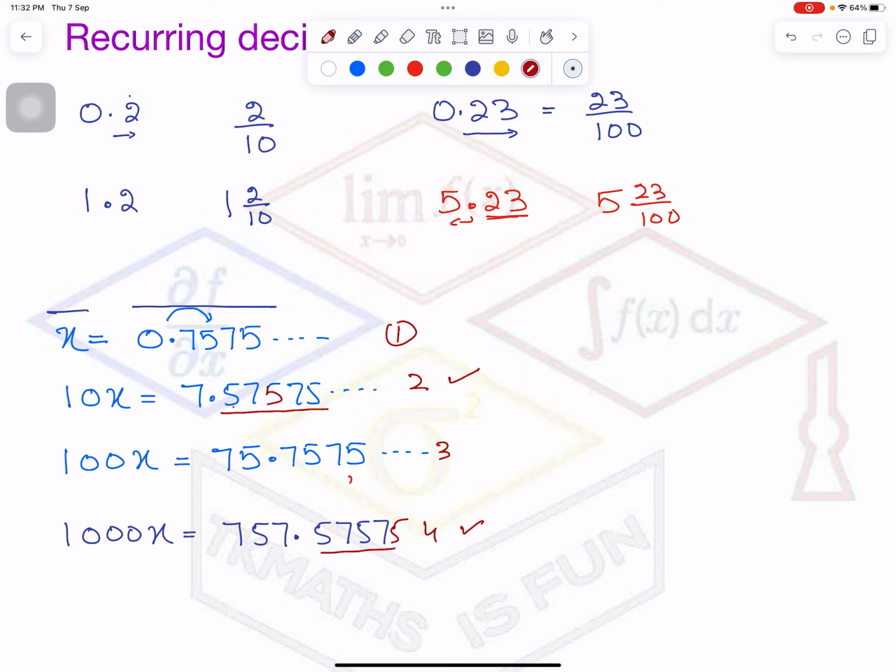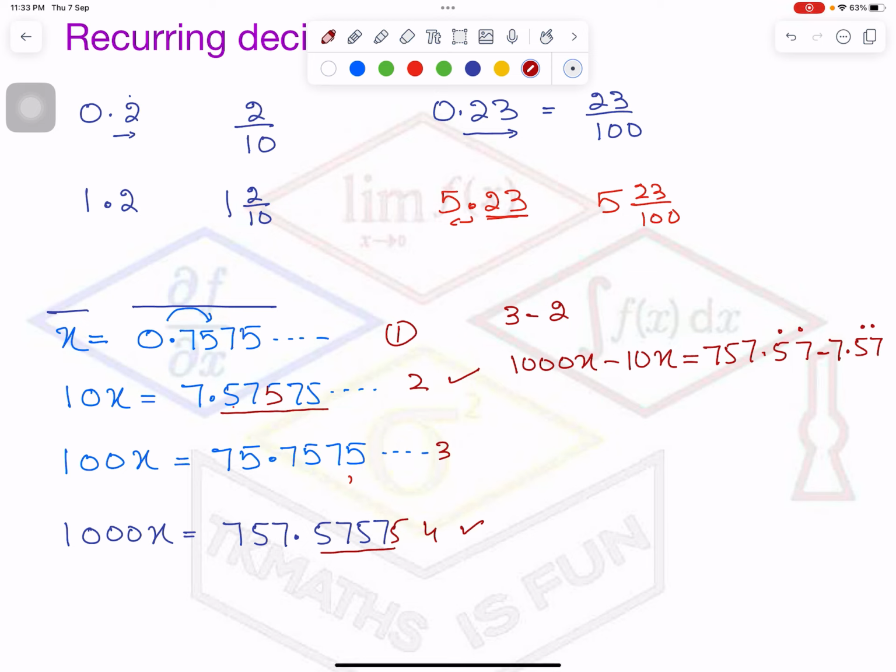So now I subtract 2 from 3. So 1000x minus 10x is equals to 757.57 with a dot on top of it, because 57 will keep repeating, and here I will write minus 7.57 with a dot on top of it.